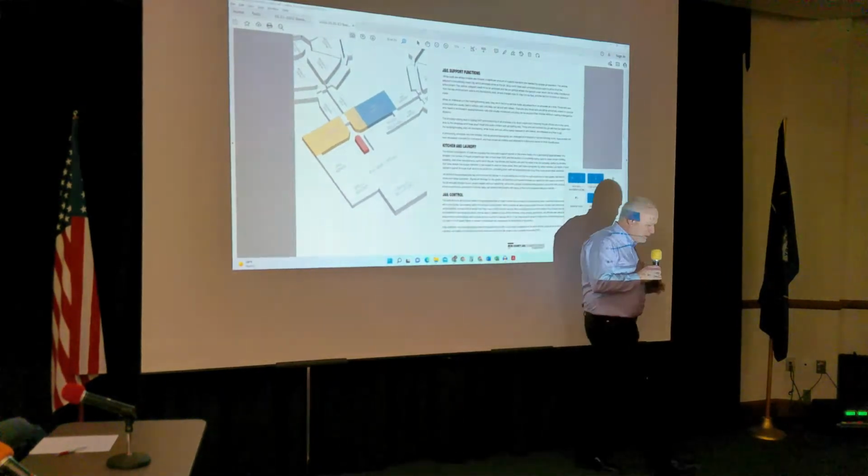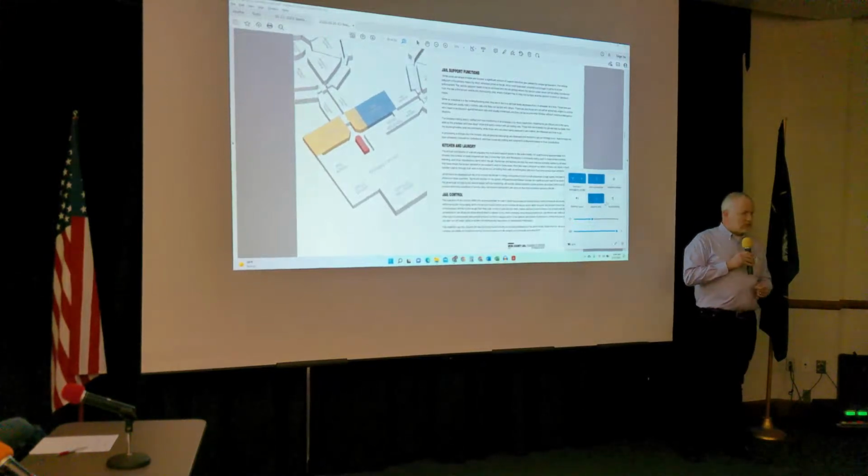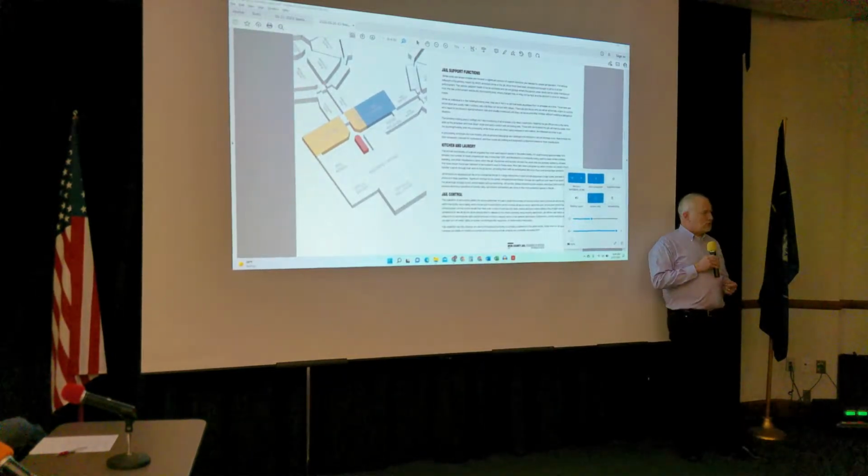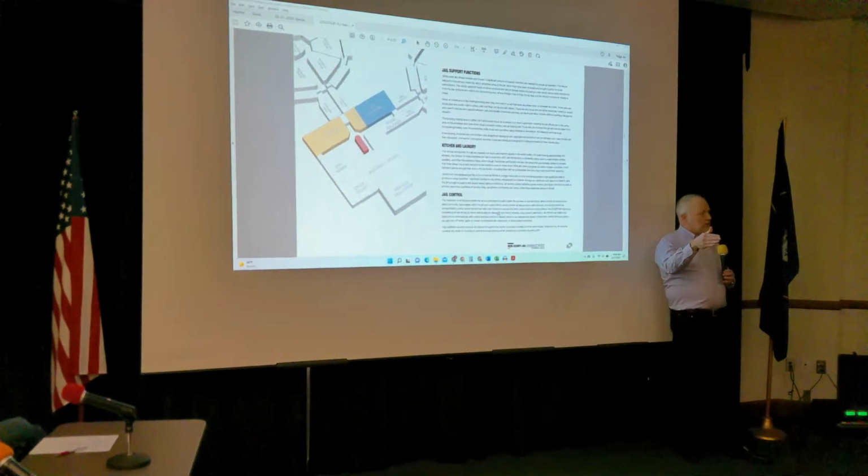The vehicle sally port is just a fancy term for a very large secure garage, basically, where the law enforcement vehicle can come in. It has a high-speed door that opens and closes very quickly. So they come inside, the door closes, and then the transfer of the arrestee into the booking area can happen safely and fairly quickly.